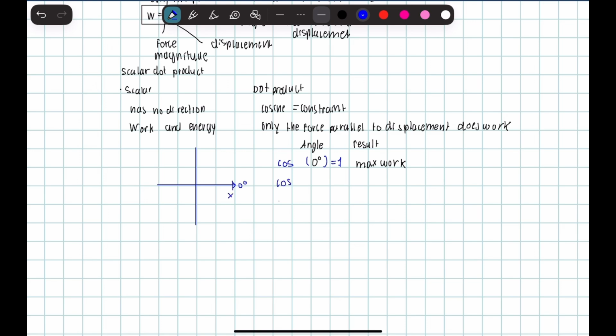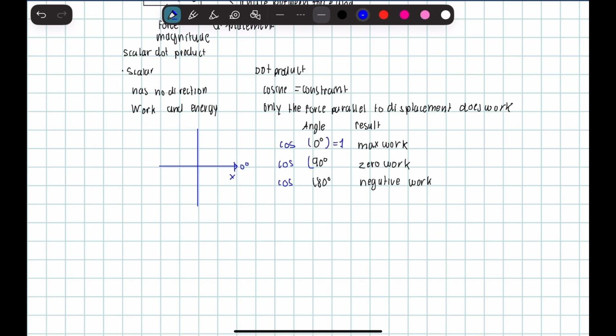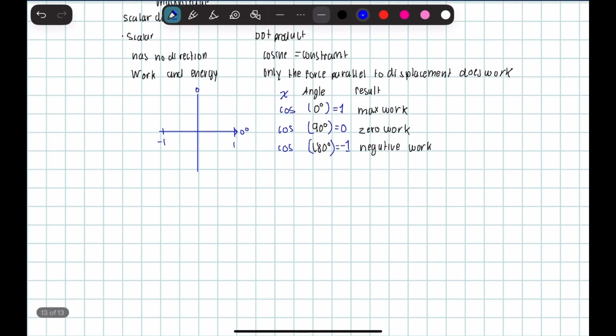Then at 90 degrees, you're going to have 0 work, and at 180 degrees, you have negative work. So this is essentially doing the trig in your head. Cosine of the angle is equal to 0 at 90 degrees and negative 1 at 180 degrees. So cosine is essentially x. You're looking at the x coordinate at that degree.